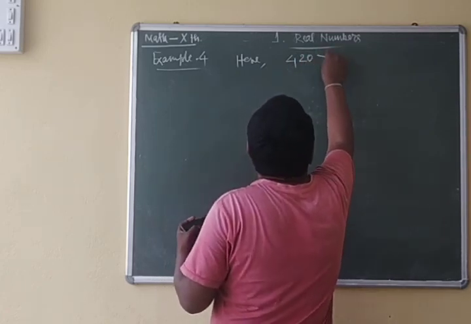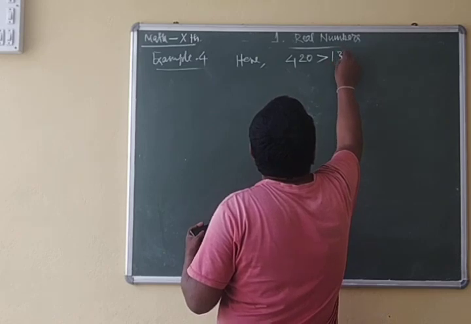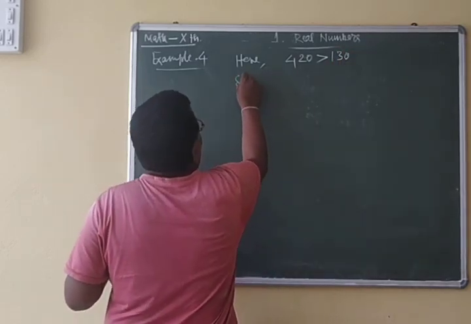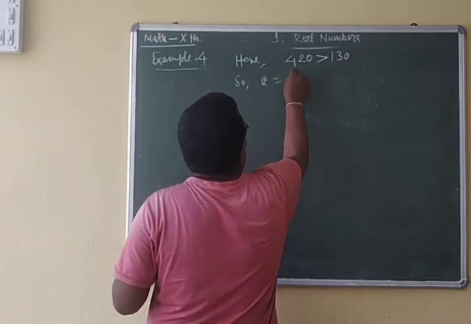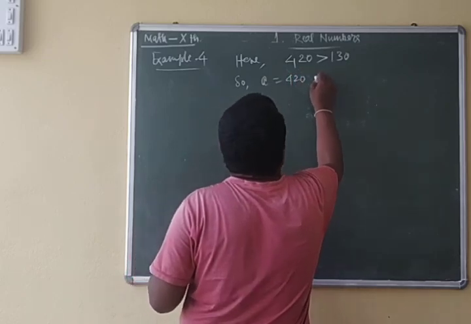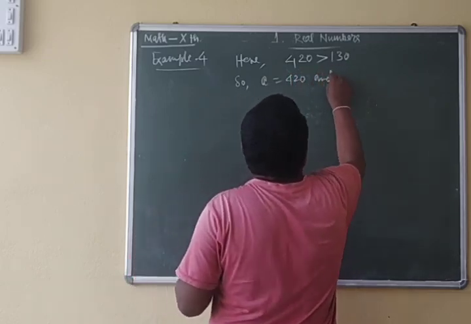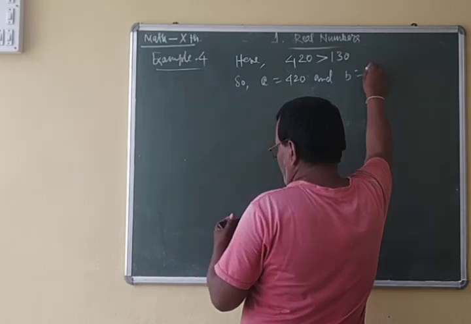420 is greater than 130, so A is equal to 420 and B is equal to 130.